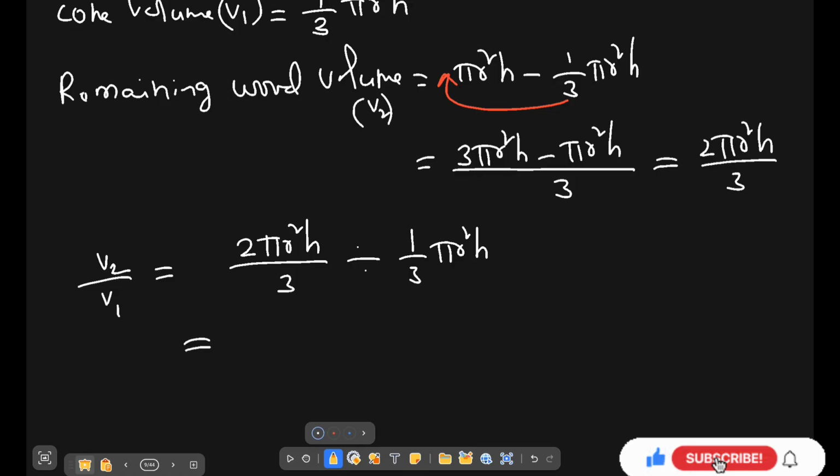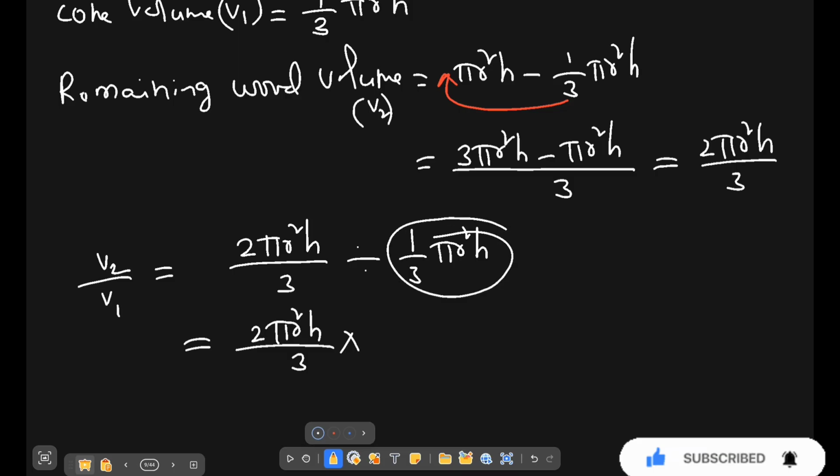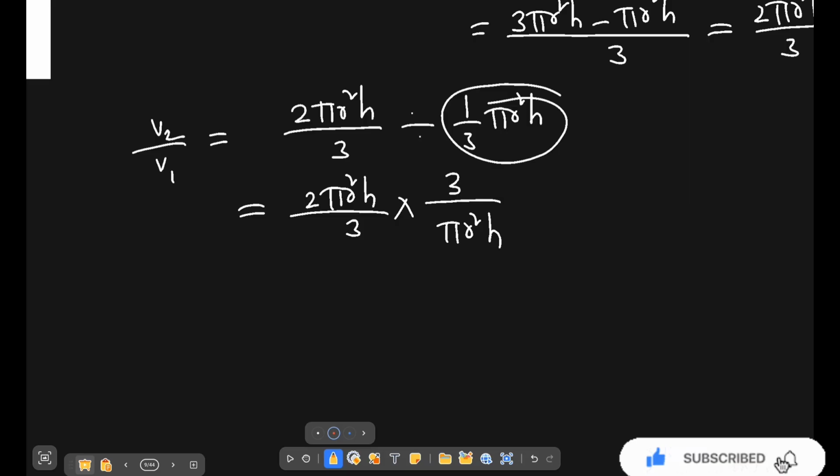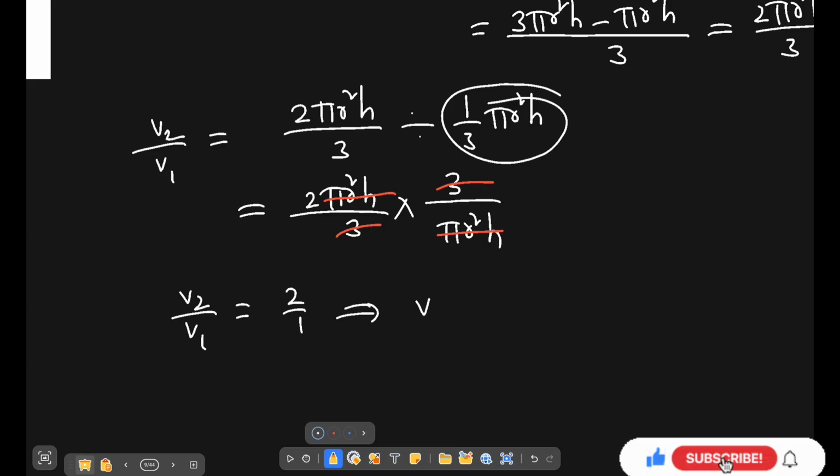It is equal to 2 pi r square h by 3 into the reciprocal, 3 by pi r square h. Here 3 cancels, pi r square cancels. Now V2 by V1 is equal to 2 by 1. So the ratio of the remaining volume to the cone volume, V2 is to V1, is 2 is to 1. So this is the right answer.